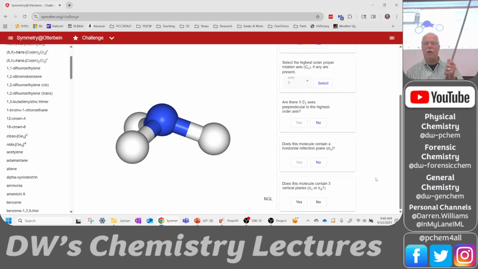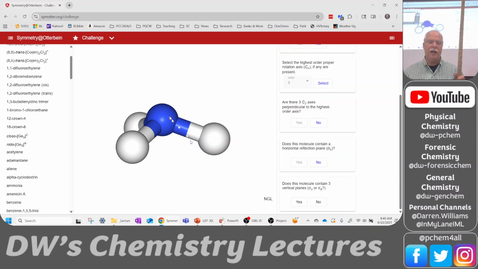Then it says, does the molecule contain 3 vertical planes? Those contain the symmetry axis. So that's why it's important to know that there is a symmetry axis, the C3. We put that up and down, that's the Z axis. Does it have any reflection planes that contain that axis? Yes, this has 3.